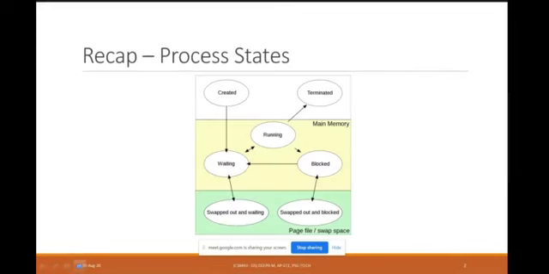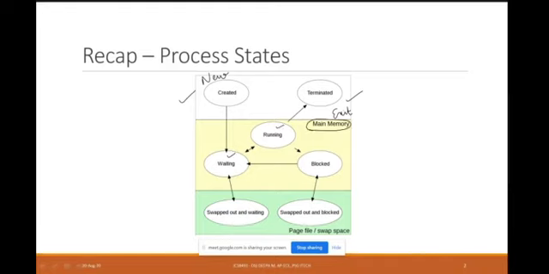So whatever the process states that we saw in the last class is given here. We had two states: create, or this is your new state, and this is your terminated state, or after exiting this will be your state. As we already saw, this is your main memory inside which you will have three states.